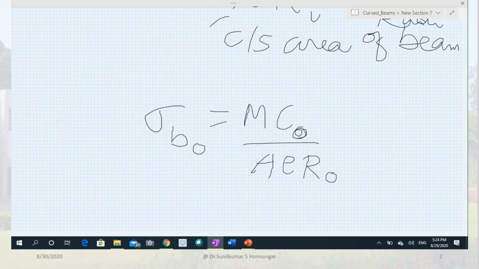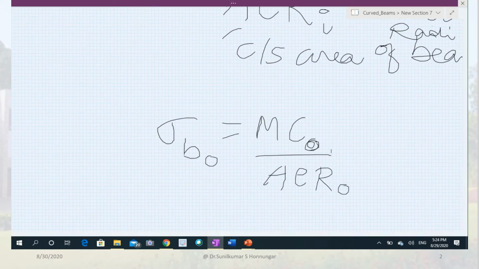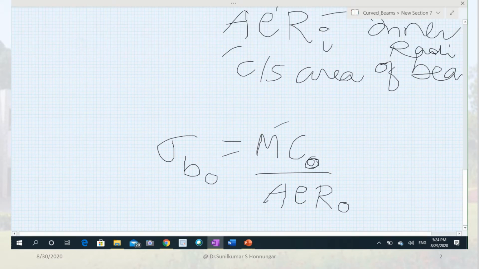So sigma bo is at the outer fiber, M is the same bending moment, and Co is the distance between the outer fiber and the neutral axis. A is the cross section, e is the eccentricity, and Ro is the distance from the center of curvature to the outer fiber.